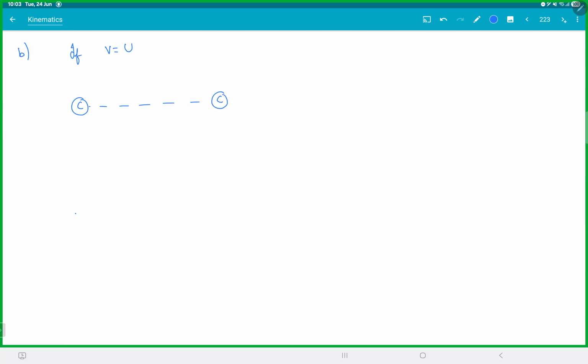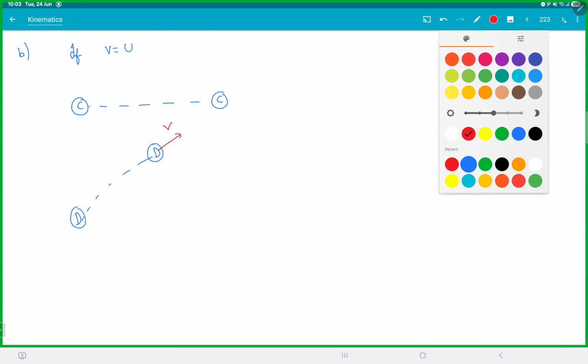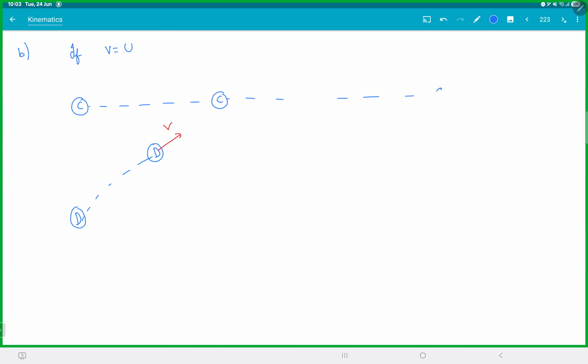Same story, the dog is still chasing the cat. But unfortunately, it can't catch it anymore. So the cat will be like this, and eventually this dog will be like this. At this instant, the distance becomes x. You can't change this anymore.